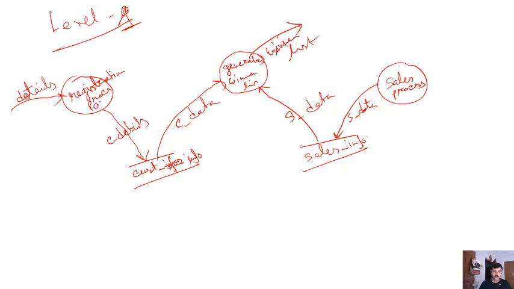The numbering should be 0.1, 0.2, 0.3. So this was the normal level 1 diagram of our problem. You may further divide this generate winner list into some more processes. So here it is the 0.2 process. We will further divide this 0.2 process into a level 2 diagram.